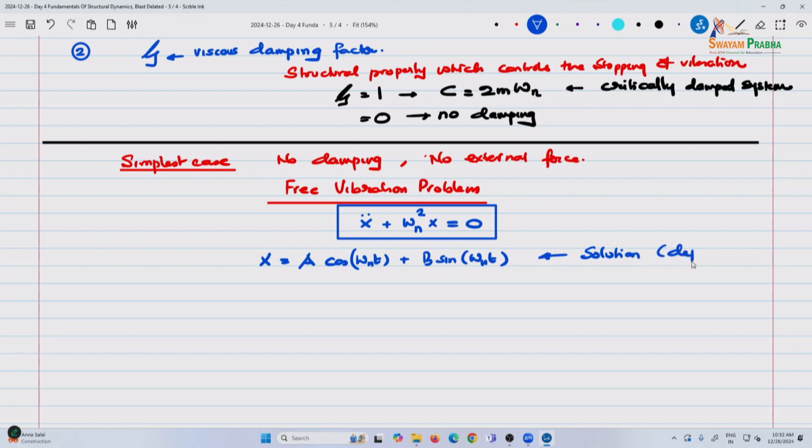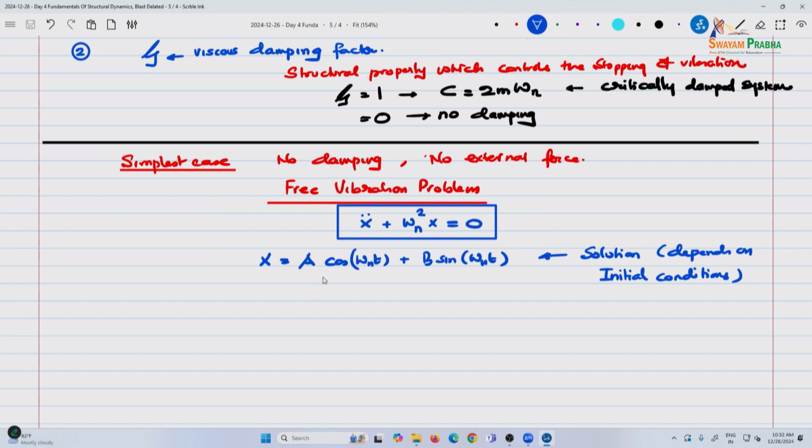Now, this solution depends on initial conditions. Initial is when time equal to 0. Again, my observation, even in graduate level, people sometimes tend to see both of them as the same, initial and boundary. Initial is related to time and boundary conditions come in omega n.